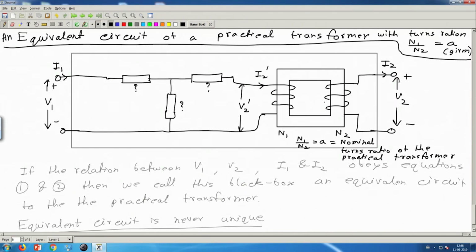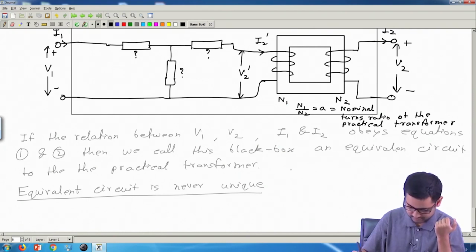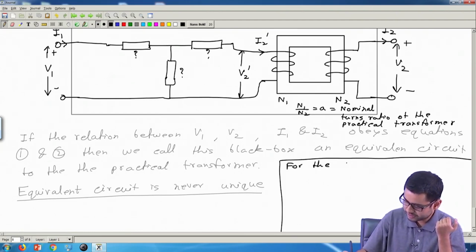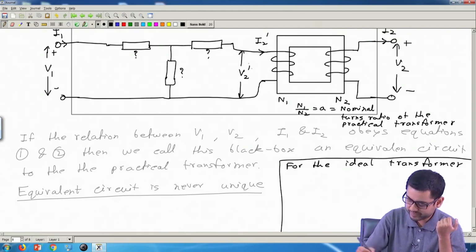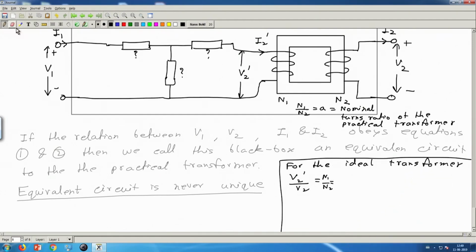Now this is an ideal transformer, so for the ideal transformer we know that V2 prime by V2 is N1 by N2, which is equal to A. So from this I can write V2 prime is equal to A V2.